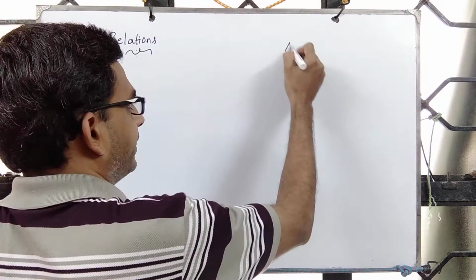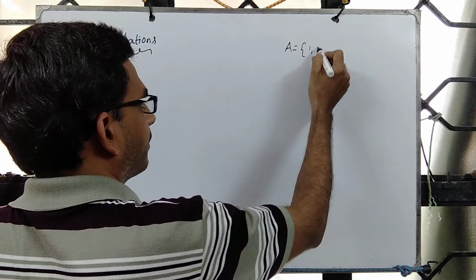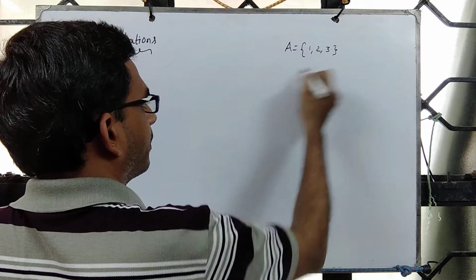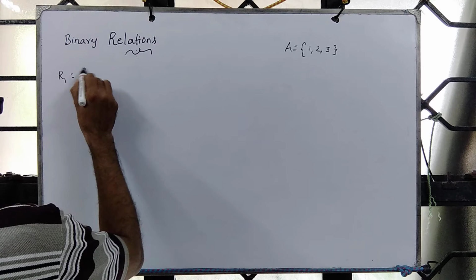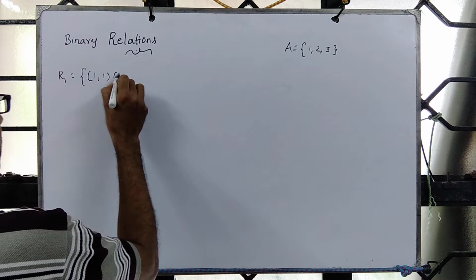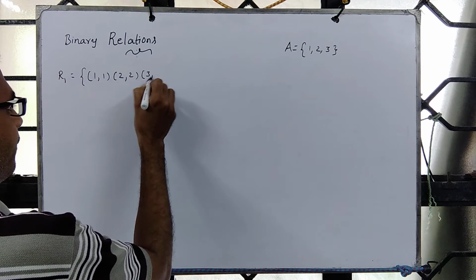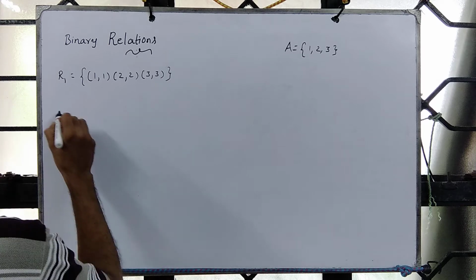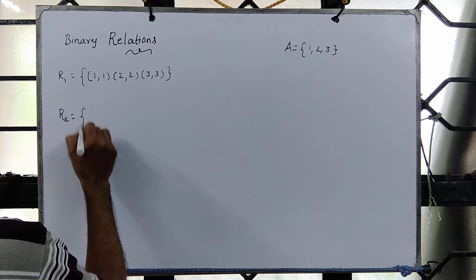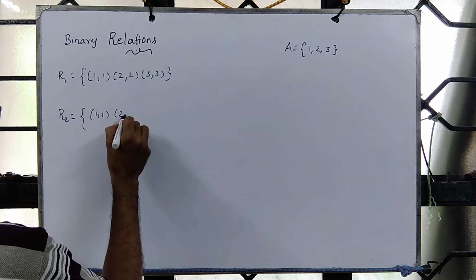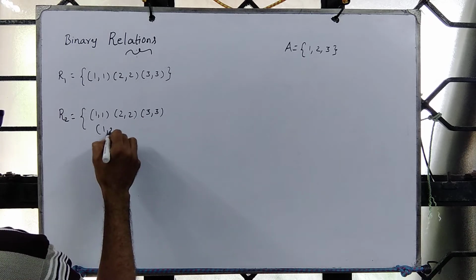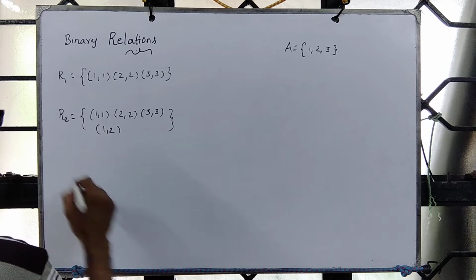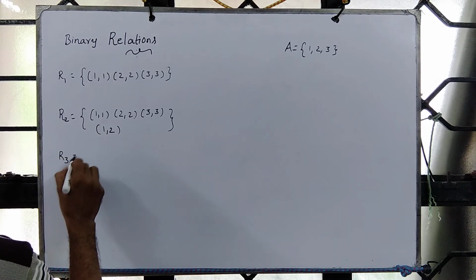Consider this set A and relation R1 as (1,1), (2,2), (3,3). R2 is (1,1), (2,2), (3,3), (1,2).